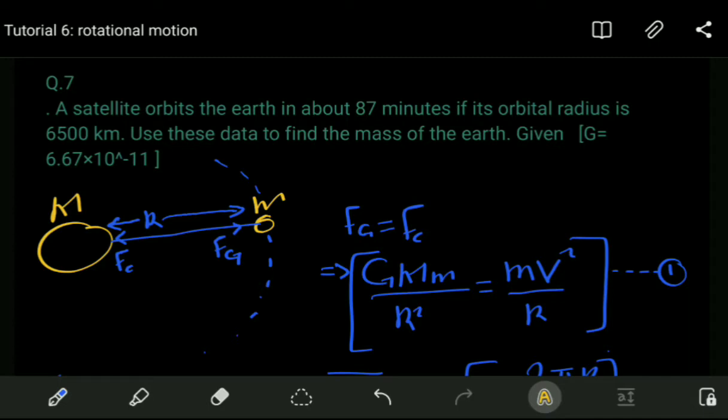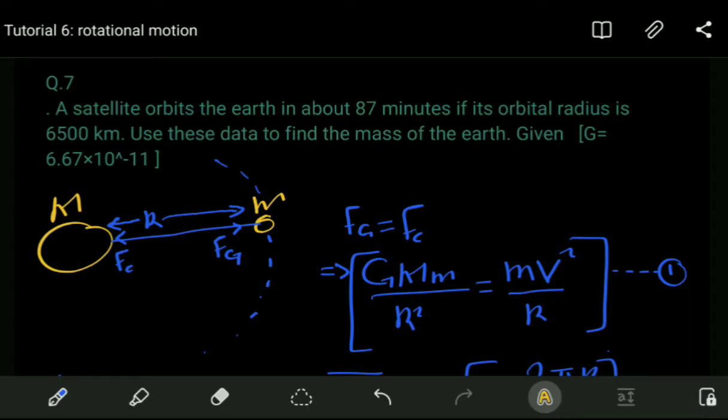That's the only way this satellite is going to maintain its circular path. If any of these becomes less than the other, then the satellite may not maintain its circular path.